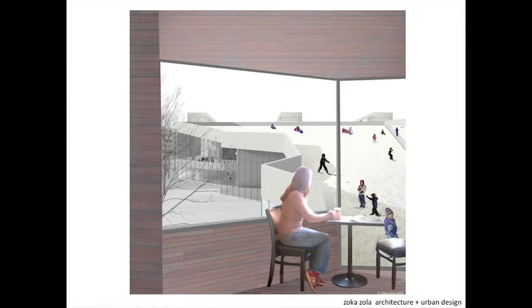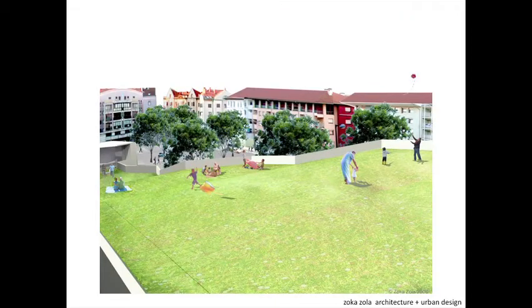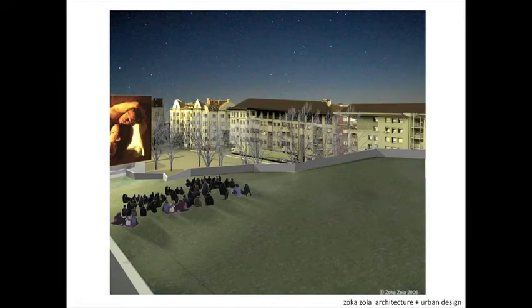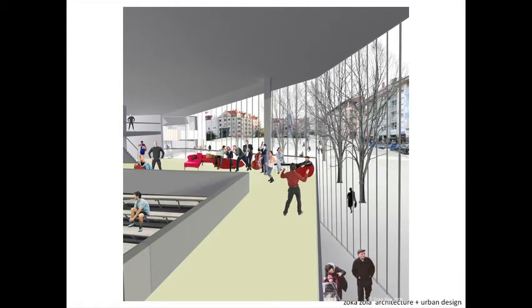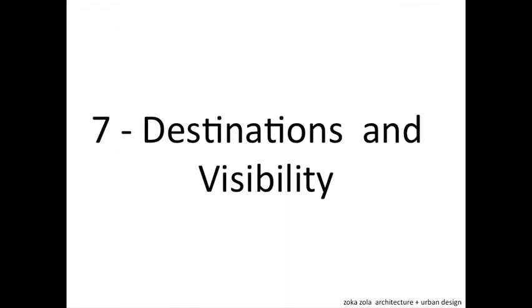And in that part of the country, it's snowing for 3 months and people are avid skiers. So this could be afternoon skiing for the little ones. Or it could be a surface, so it could be an open air cinema. This is part of a kind of band, social space. Then there's the destination and visibility.